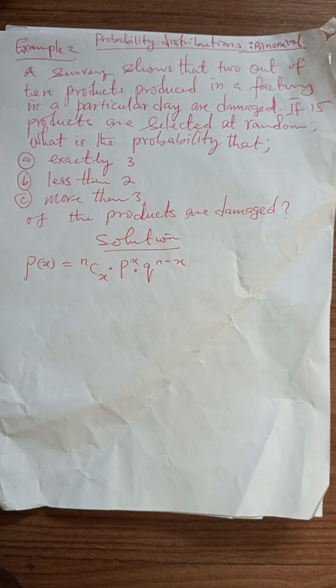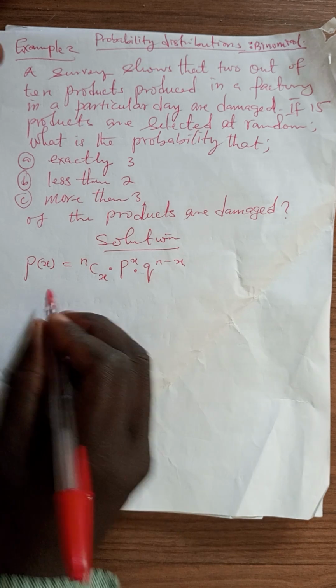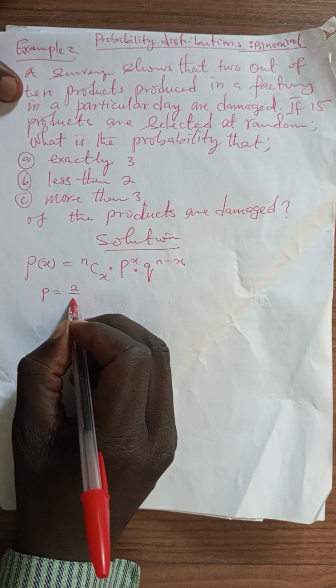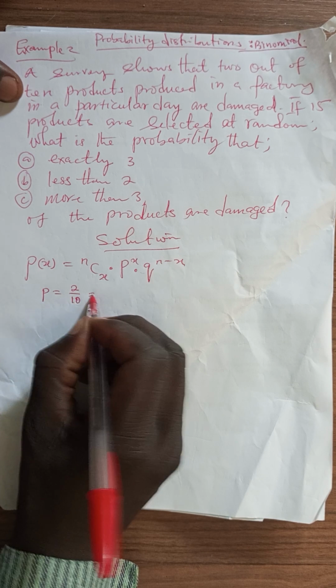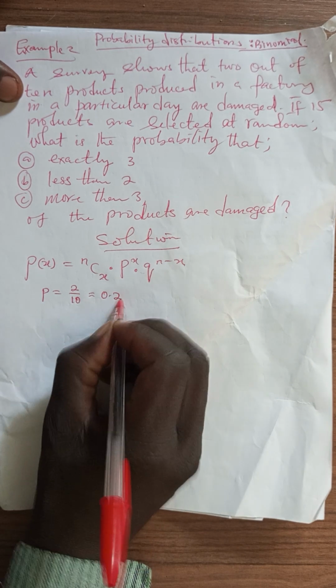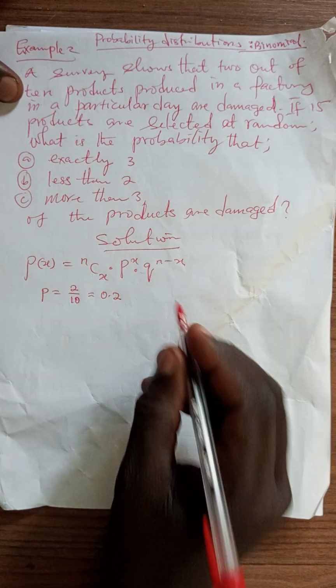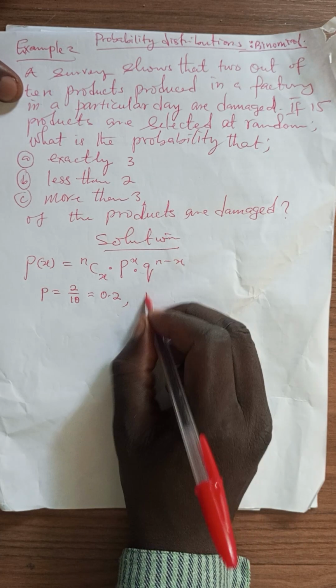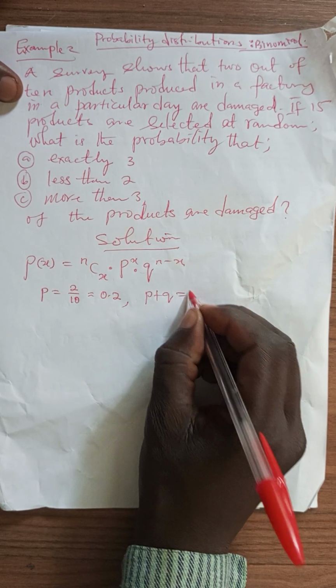We think of p and q now. Look at the question. A survey shows that 2 out of 10. So you see, p is equal to 2 out of 10. The probability is 2 over 10, which is equal to 0.2. We have gotten our p. It is clear that from p we can get q, because p plus q is always equal to 1.